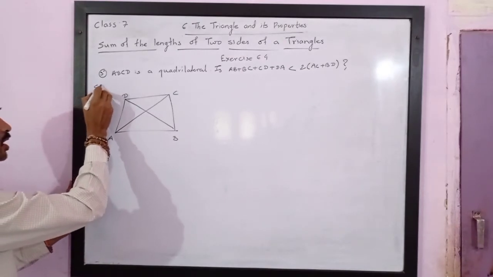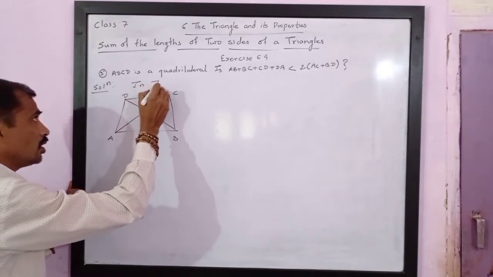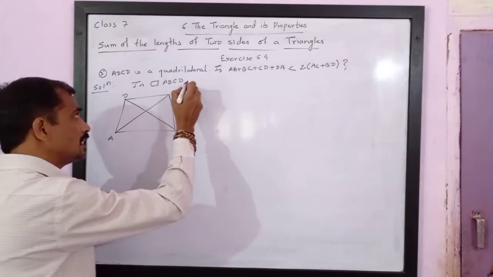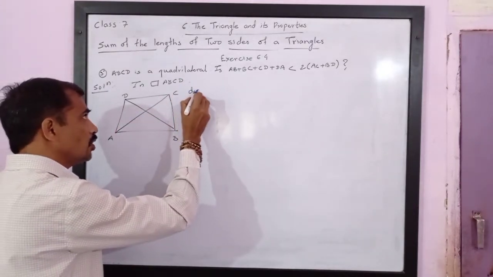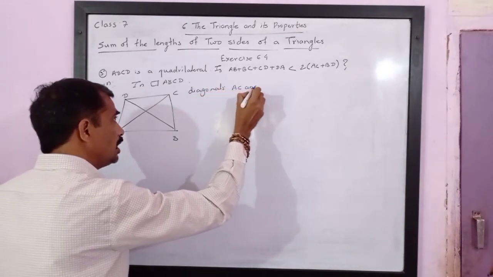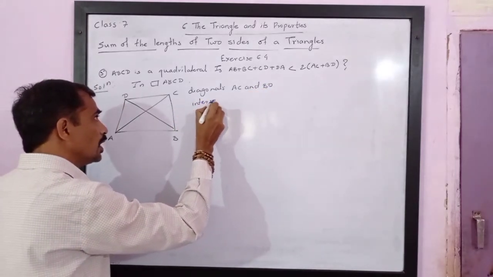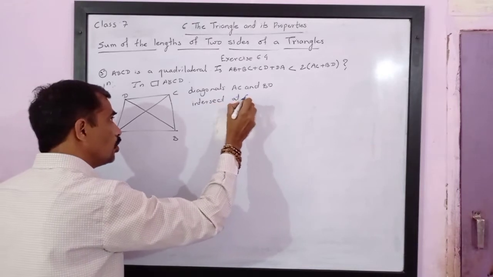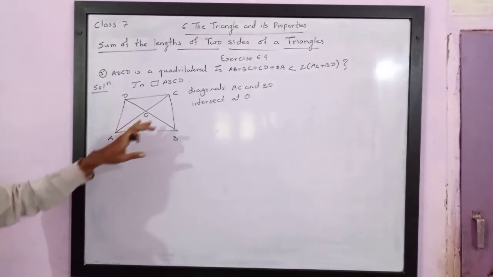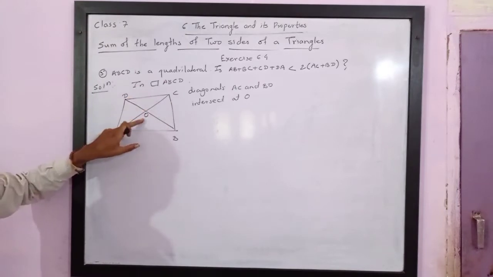So in this solution we are given that in quadrilateral ABCD, diagonals AC and BD intersect at point O. So I have considered this point O. Watch carefully. In quadrilateral ABCD, diagonal AC and diagonal BD intersect at O.